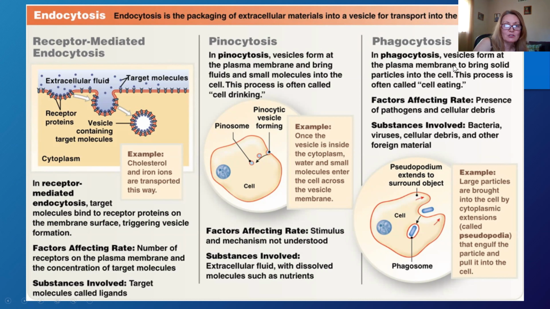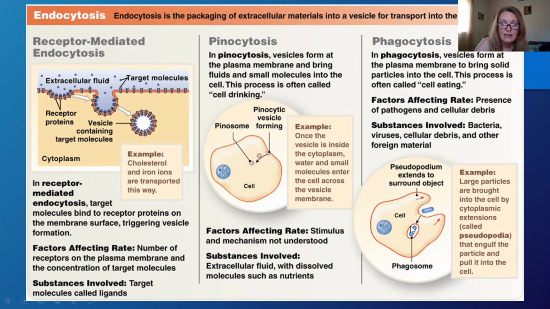Now phagocytosis. Now we have bigger, sometimes solid particles, right, moving into the cell. And they call it cell eating, in parentheses, of course. An example would be how bacteria or viruses or cellular debris or other foreign materials are taken in by white blood cells. Right, so phagocytes.